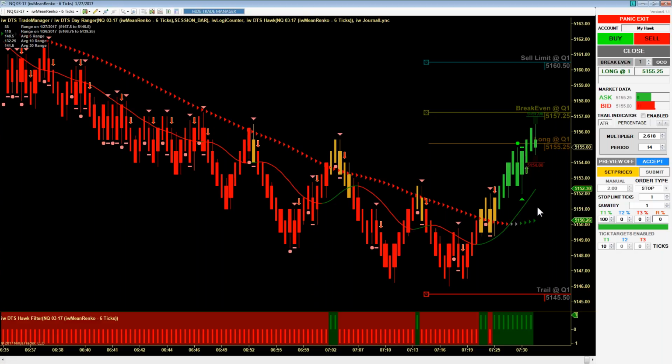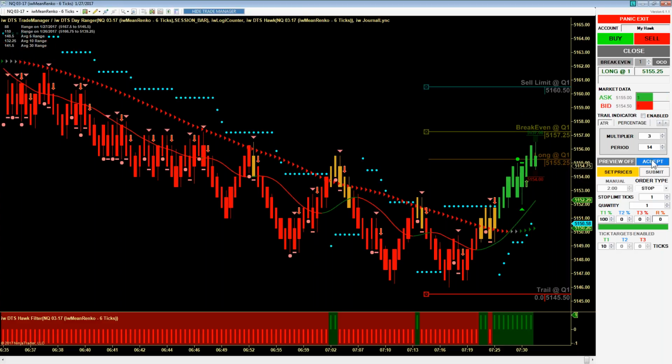Francisco asked, how about using 3 ATRs for entry stop? Sure. Yeah, I like a 3-period ATR. It's not rocket science. You put your stop on here.